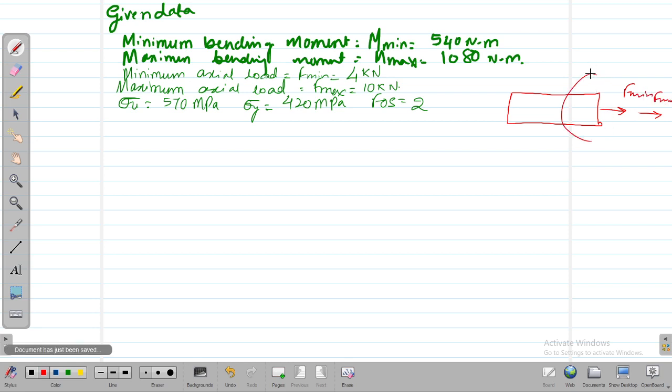It is also subjected to bending moments here, the minimum bending moment and maximum bending moment. They have also given a condition here. When the maximum bending moment occurs, at the same time the maximum axial load occurs. When the minimum bending moment occurs, similarly at the same time the minimum axial load occurs. This is what is given. So now let us first consider the bending moment.